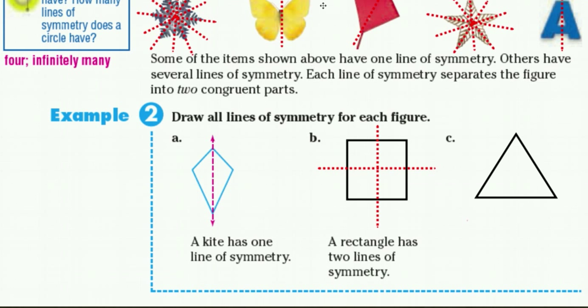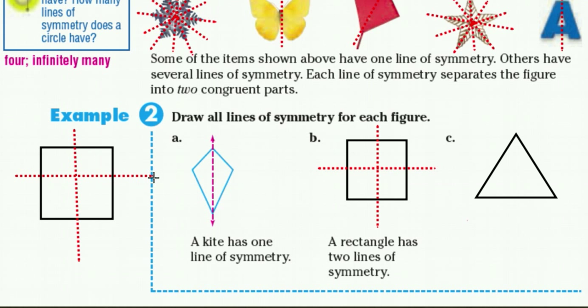But if this were a square, it would have 4 lines of symmetry, because let me draw you a square right here. If this were a square, and I'm going to draw lines of symmetry, this will be 1 line of symmetry. This will be another line of symmetry. Of course, I'm not drawing it to scale, and that will be another line, that will be another line. That's the reason why there are 4 lines of symmetry in a square.